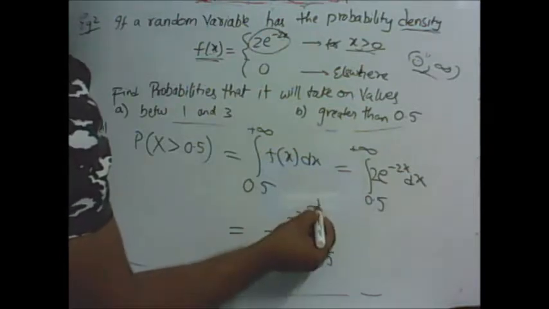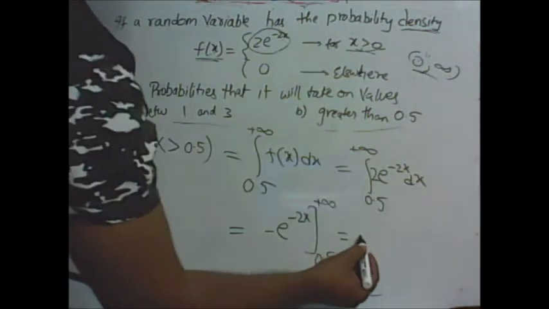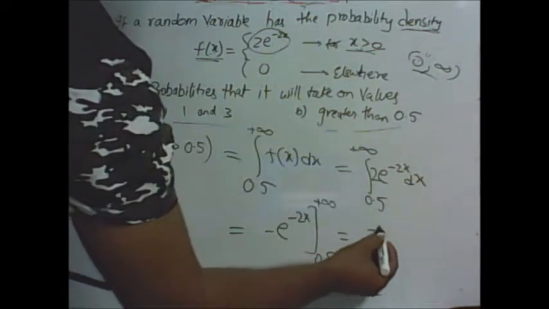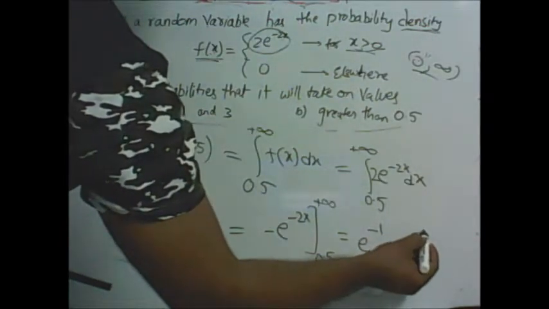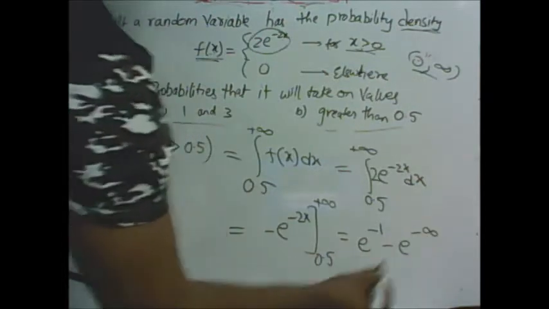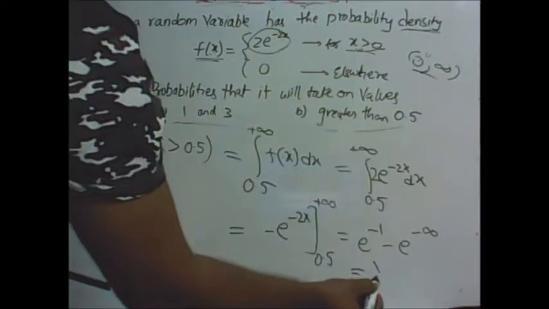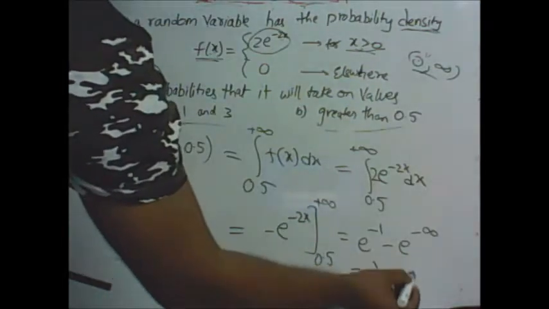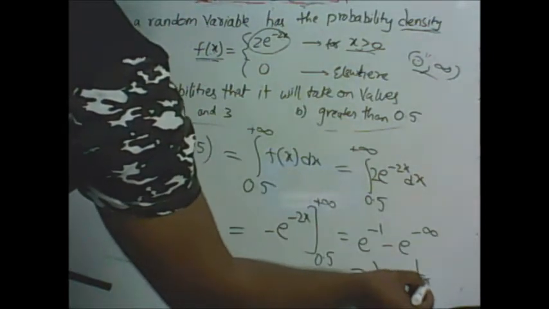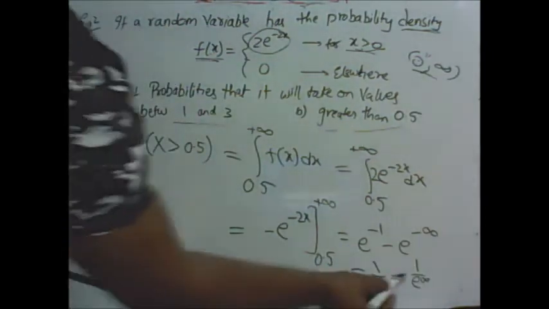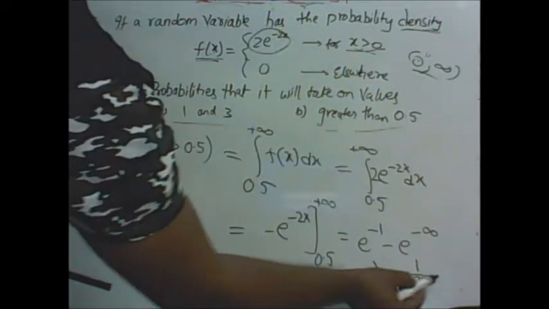Evaluated from 0.5 to plus infinity, which is equal to e power minus 1 minus e power minus 2 into infinity. That is 1 by e minus 1 by e power infinity. e power infinity is nothing but infinity, so 1 by infinity is 0.